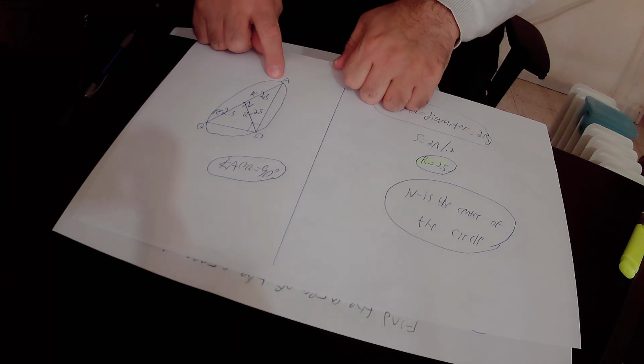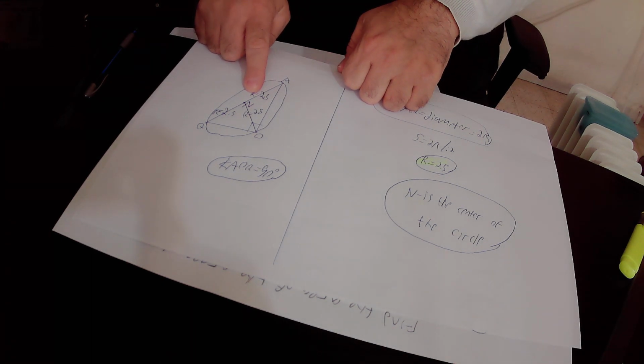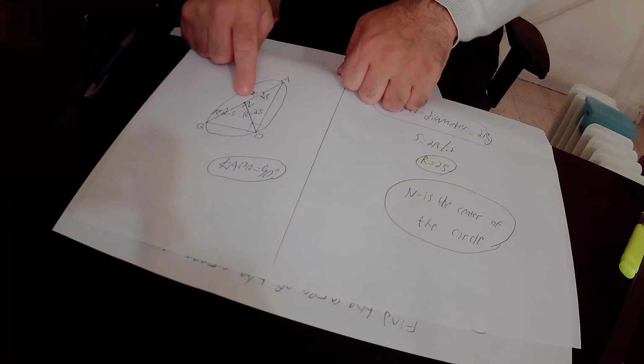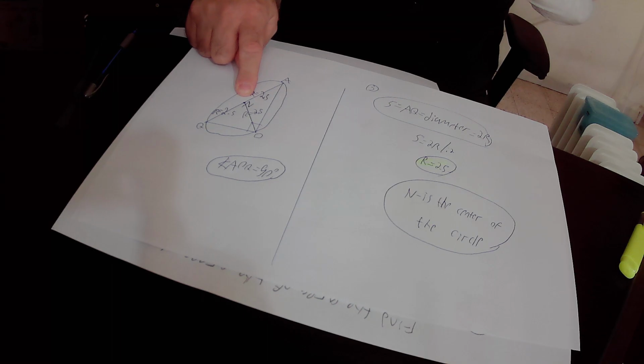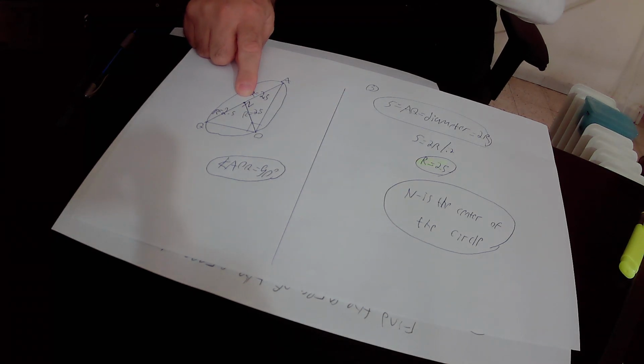Here we have the radius AN, it ends at point N. We have the radius QN that ends at point N also. Therefore point N is the touching point between the two radii, and therefore point N is the center of the circle. And we have also the rule that the center of any circle is located at a point where the diameter is bisected into 2 halves.